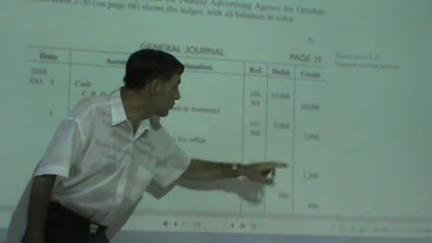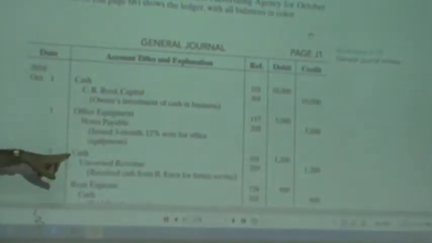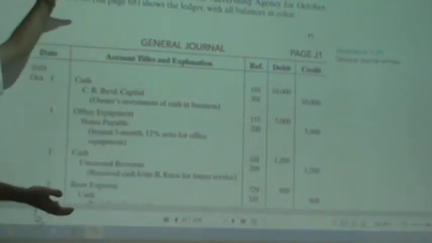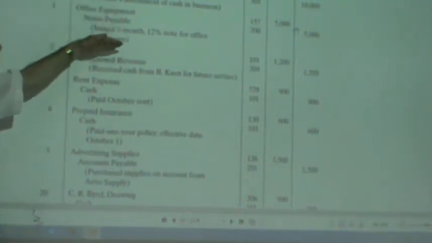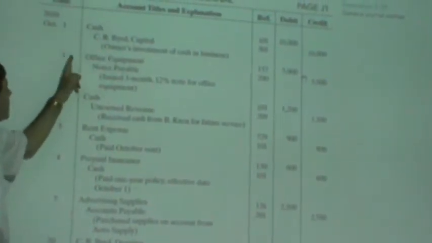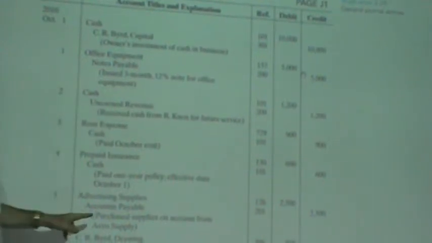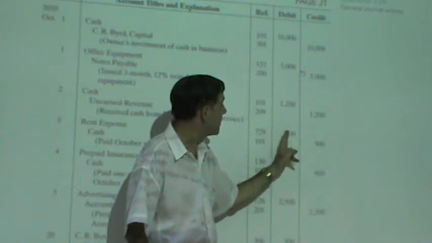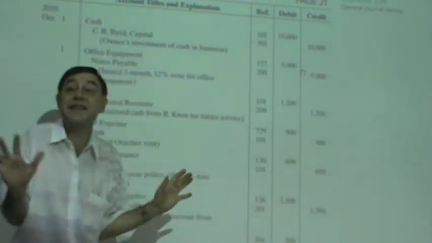Purchase of office equipment. Then you got the cash, the unearned revenue. It's just everything in one big space. It's just the same thing that you do. When you have the exam, you do it like this. Debit, credit, debit, credit, debit, credit. It's the same thing, okay?